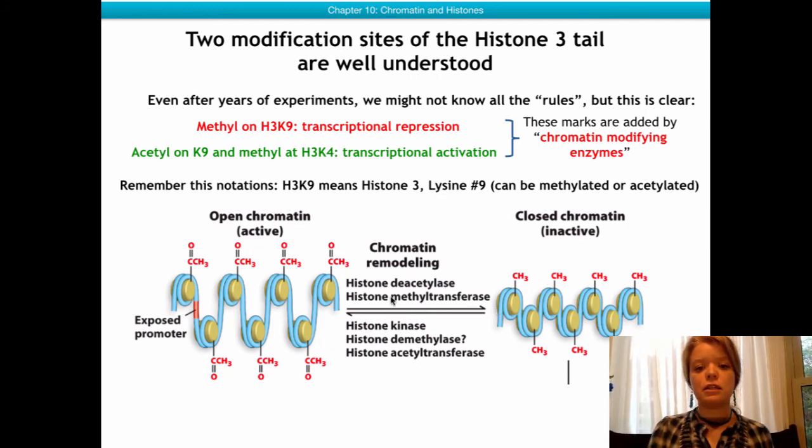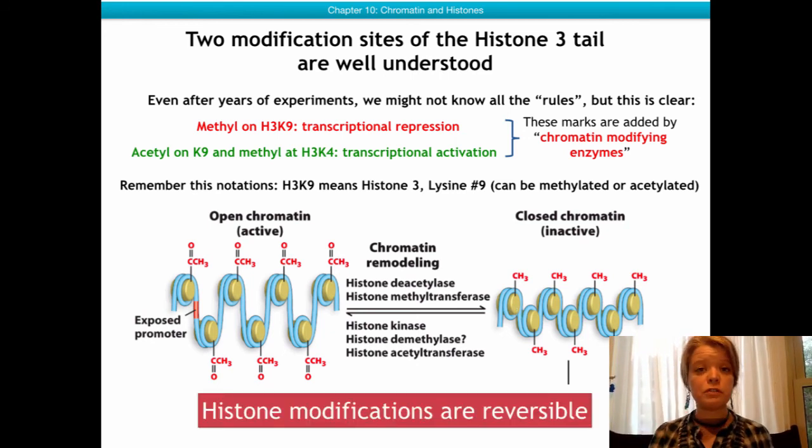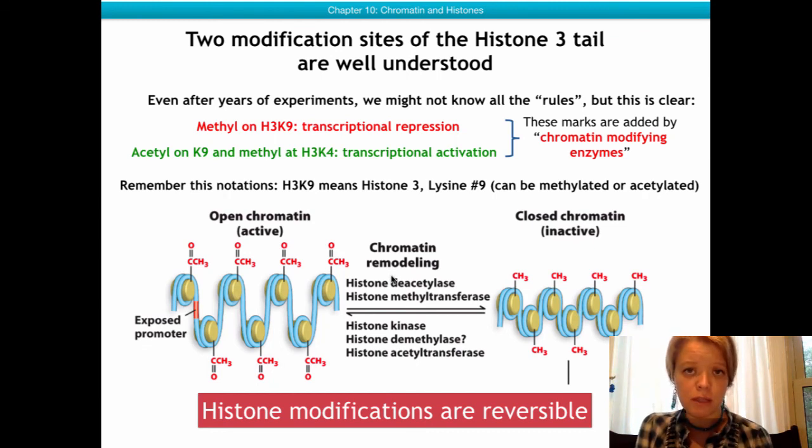And you guys can see that the process is reversible. You can methylate, acetylate, demethylate histone all day long. It doesn't affect the histone core. So histone modifications are reversible. Being able to find these enzymes that can do deacetylation or methylation of a particular histone area will allow you to affect the epigenetic state of a cell.